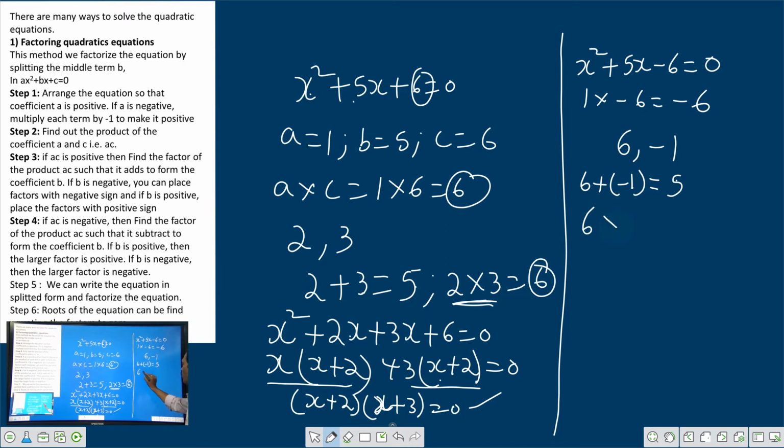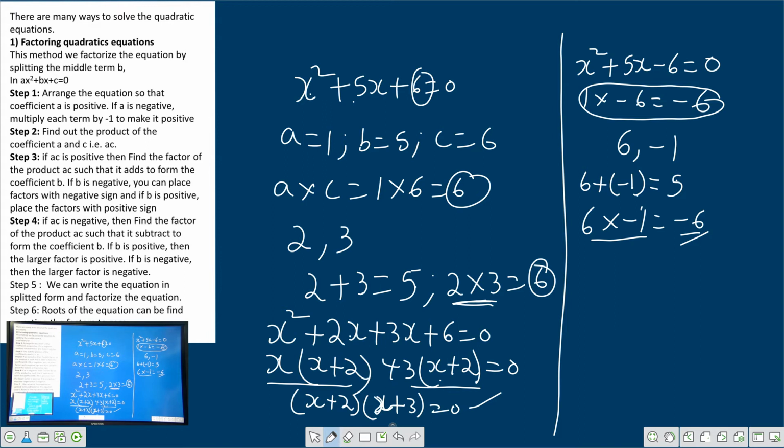If you multiply 6 into minus 1, minus 6. It is satisfying the product value of A and C, that is minus 6. Yes. That's why if we add 6 plus minus 1, I am getting 5. That's why it is true.